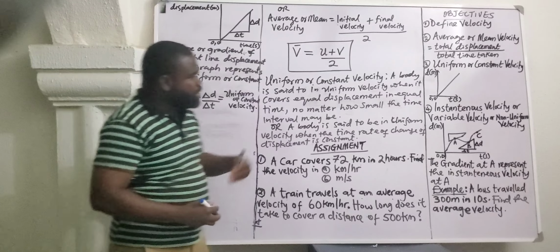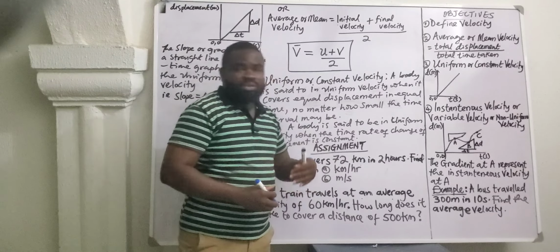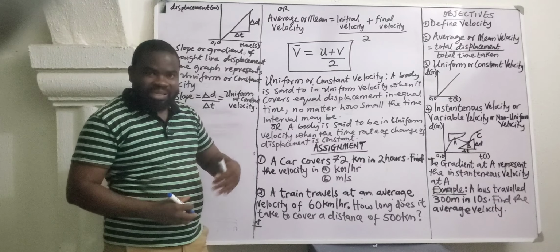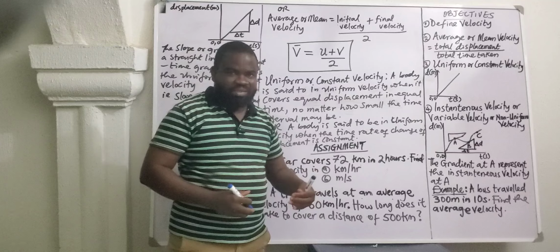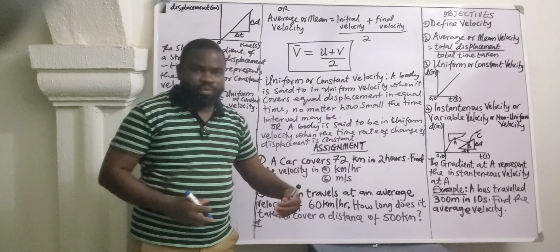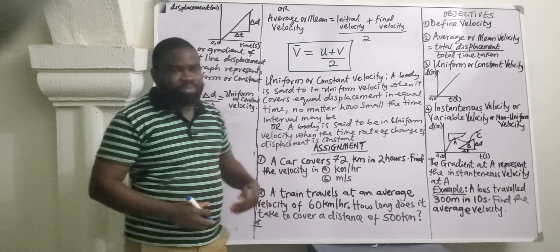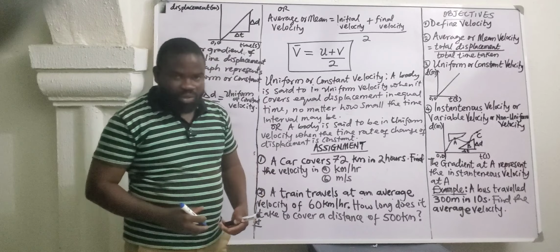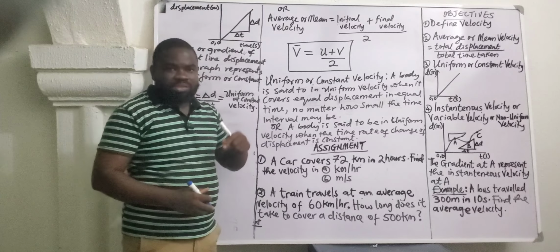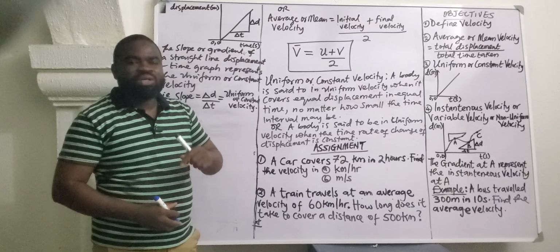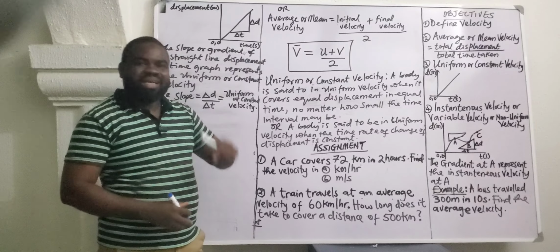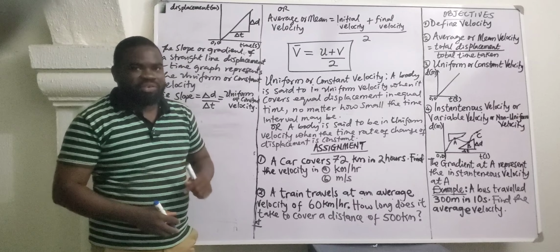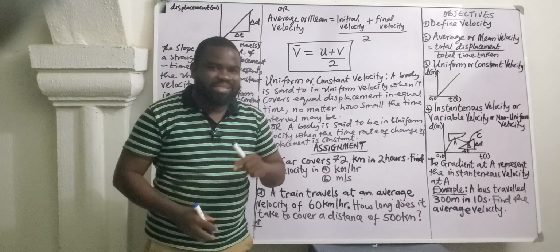So when the body is having a change of displacement with time that is not constant, that is not uniform, we call it variable velocity or non-uniform velocity. In such case, you can only determine the velocity at a particular instant in time.